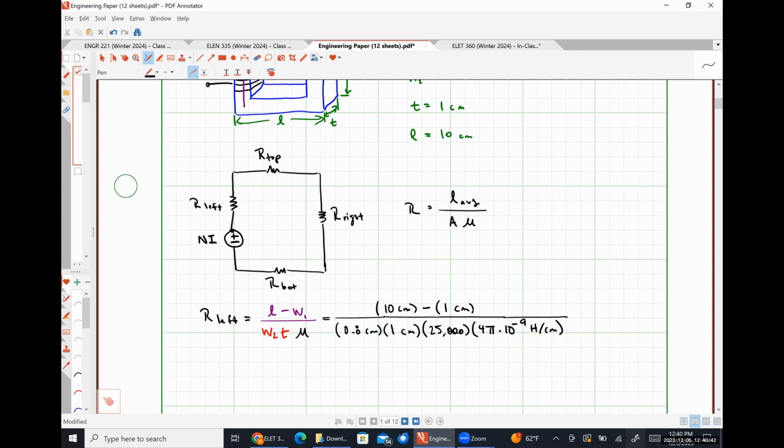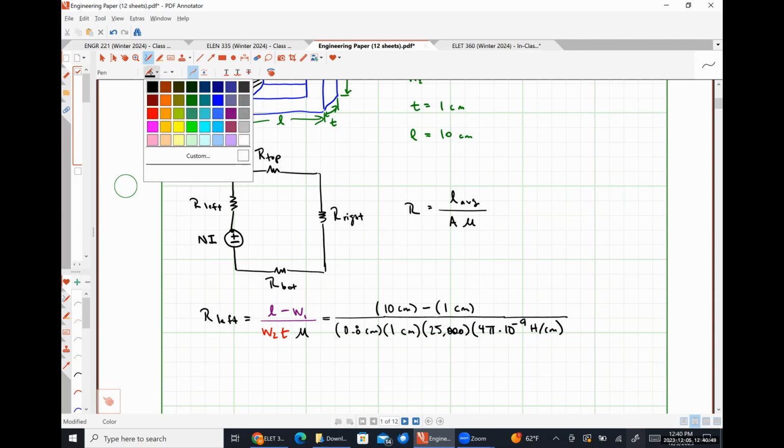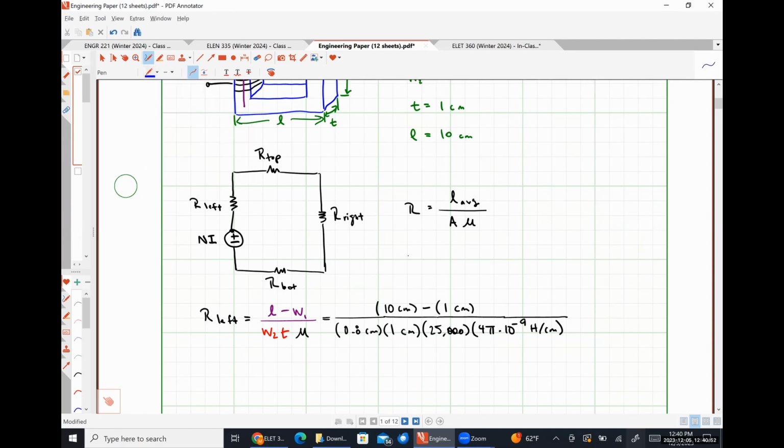Well, a henry, if you recall, is a volt second per ampere, right? So let me write that down because it may have been a minute since you learned that. 1 henry is equal to 1 volt second per ampere, and we call volt seconds in magnetic circuits Webers, right? So this is going to be the same as 1 Weber per ampere, and we're going to call these amp turns because we're dealing with magnetic circuits.